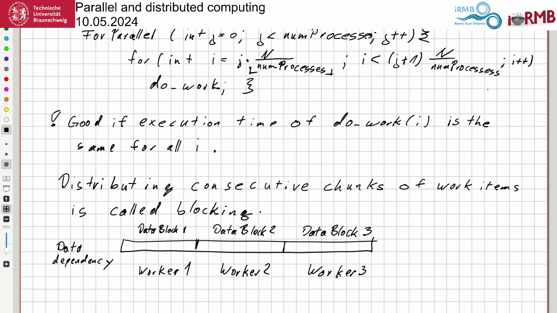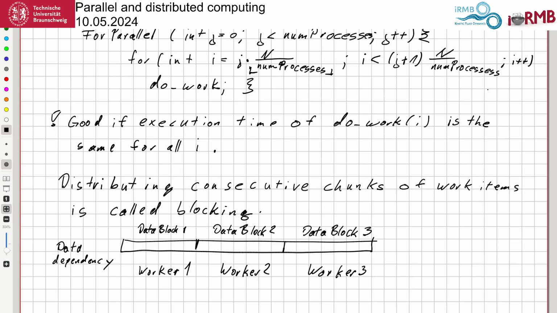So if we have to process chunks of data, it is also useful to read them together. This will reduce the waiting time for the cache.